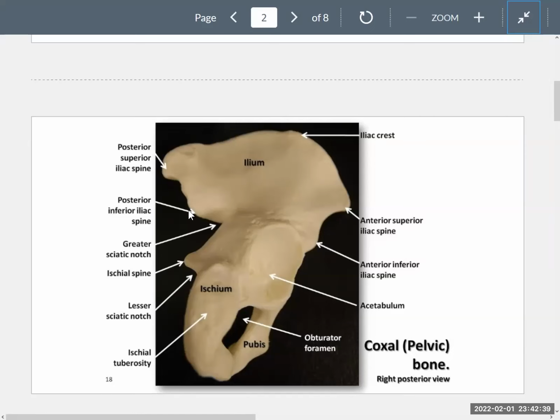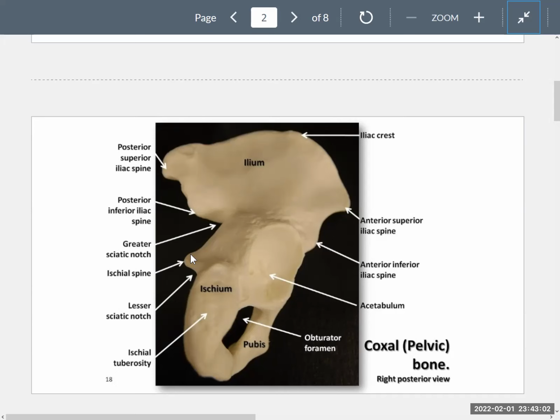With your finger still on that, go into this deep crevice. This is the greater sciatic notch. Keep on the edge of the crevice and you'll come to a point. This is the ischial spine.